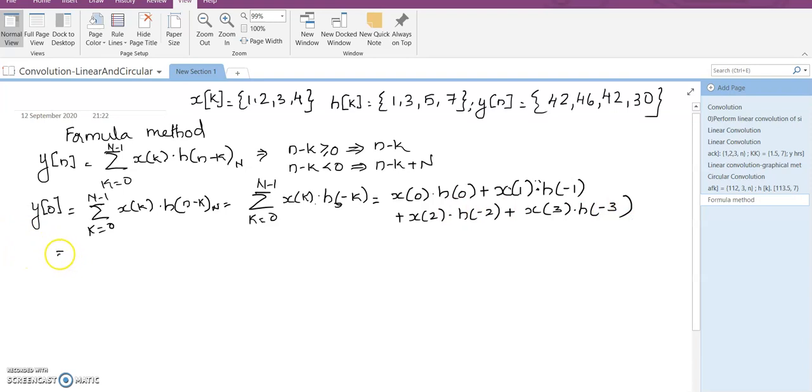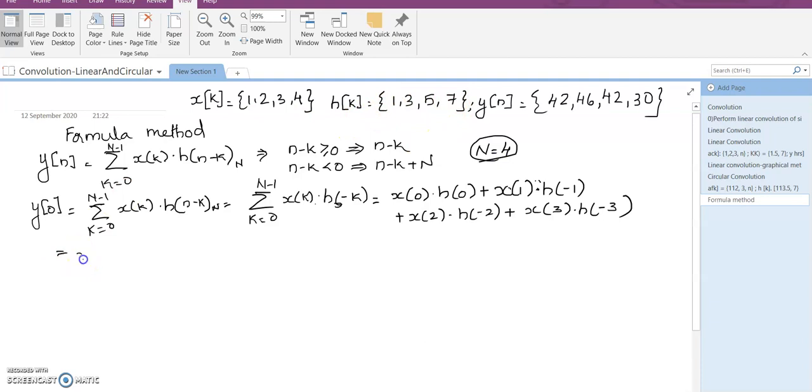So as per the logic that was mentioned before, if n minus k, that is the value of the h term, is greater than or equal to 0, we still treat it as n minus k itself, not an issue. But if it is less than 0, it has to be added with another factor N, and here N is equal to 4, which is the total number of components in each of these signals.